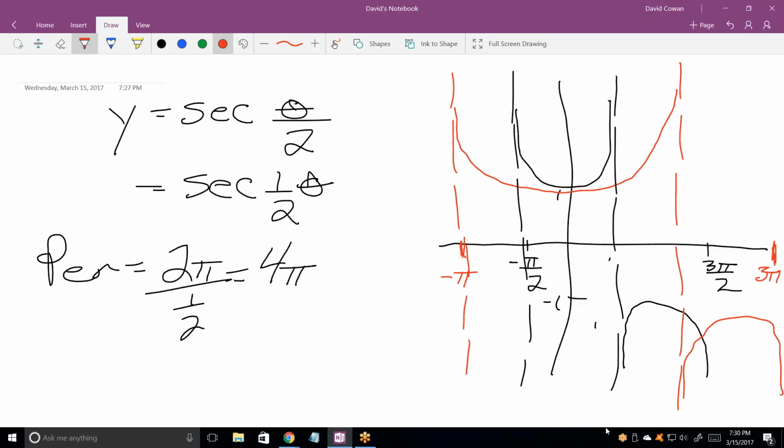So I've got one there, I've got one here, and since they're separated by 2 pi, that must be at pi. And then I go out to 3 pi, and I got another one. I didn't leave myself quite enough room here, but I think you get the idea. It's 2 pi between that point and that point, even though it doesn't look like it.